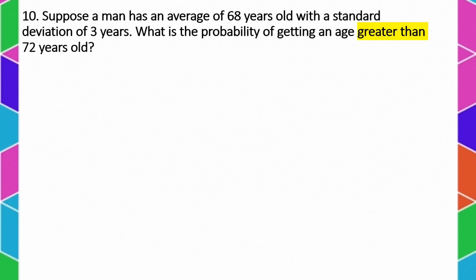Suppose a man has an average of 68 years old with a standard deviation of 3 years. What is the probability of getting an age greater than 72 years old? So, meron tayong clue dito na greater than. Okay, for step 1, we need to solve first for the z-score.